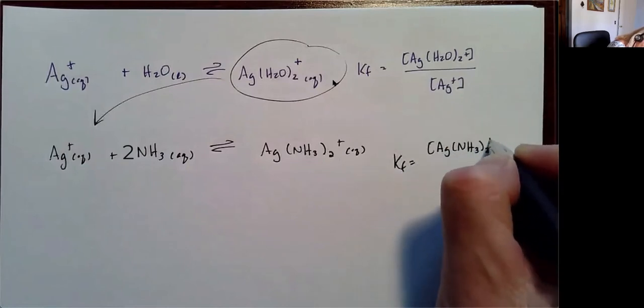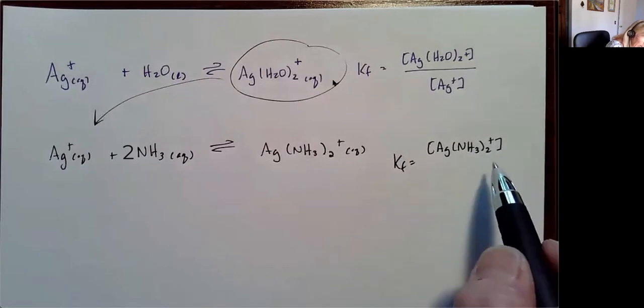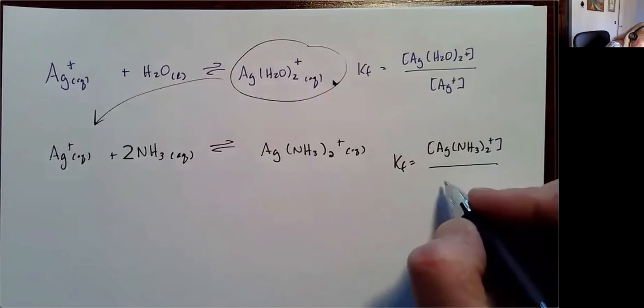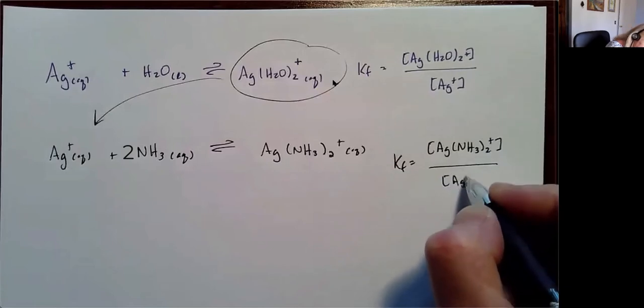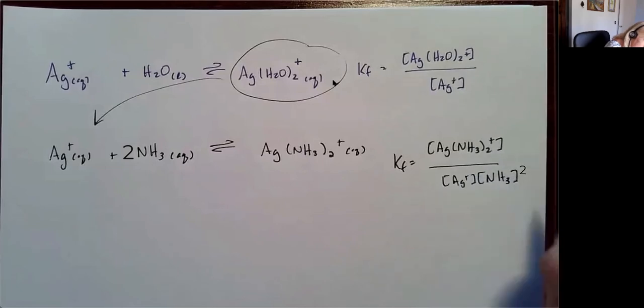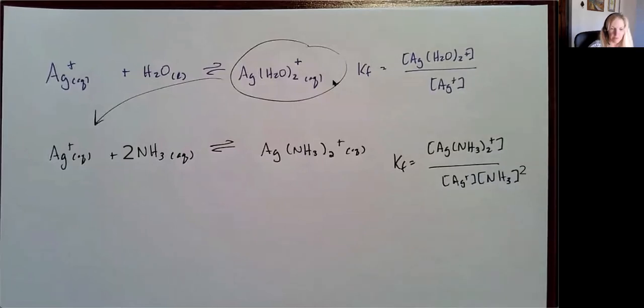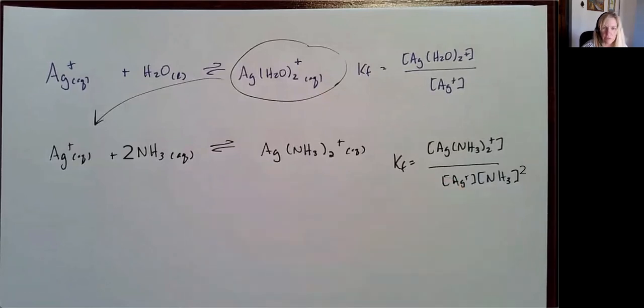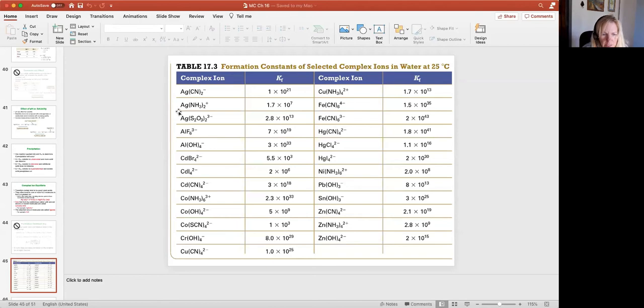[Ag(NH3)2]+. And don't worry about how you know if it's 2 or 4 or 6, unless you go back and look at your table that has your Kf values on it, and that might give you a clue. If I go back to my table and try to find the silver complex with ammonia, I'm going to find it here, and I see my Kf for this is 1.7 times 10 to the 7.